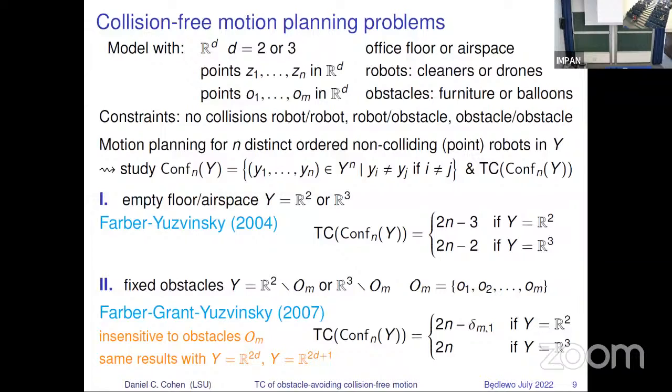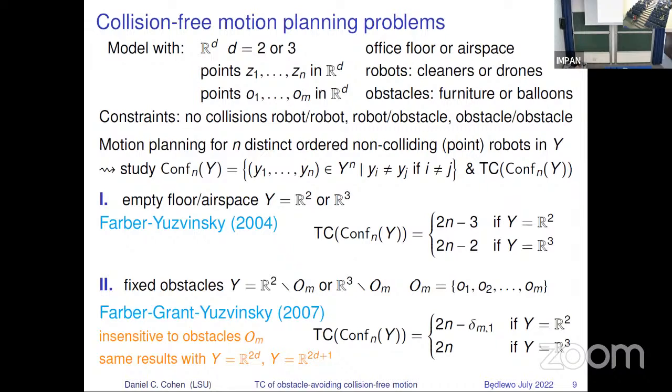The furniture, the table legs, or the weather balloons are also represented by points. The robot points are Z's, the obstacle points are O's. And we very much want the robots to not bump into each other, to not bump into the obstacles, and we'll assume that obstacles don't coalesce either.